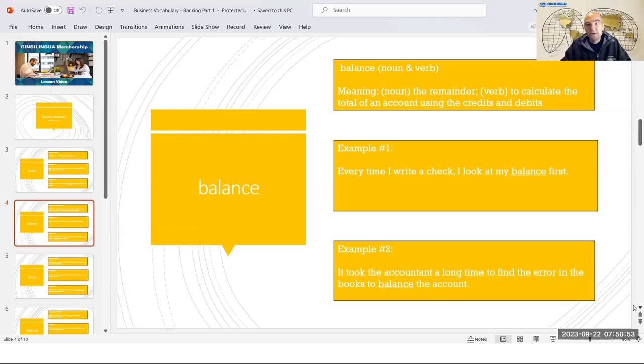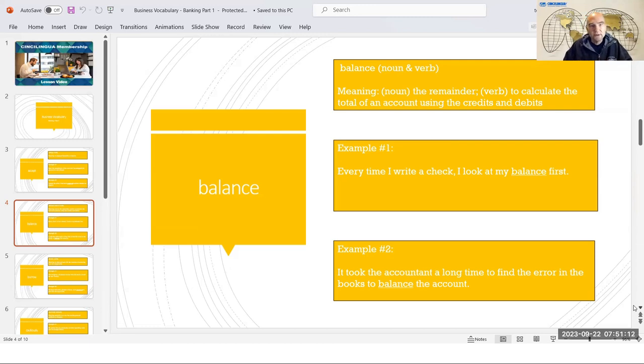The accountant is making a calculation and looking at the total amount, looking at the credits and the debits, and balancing the account.